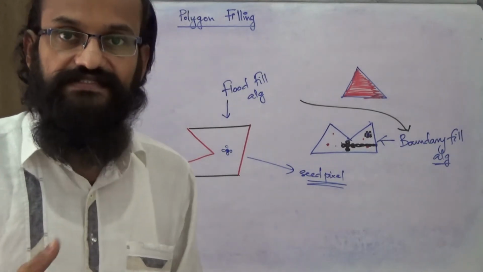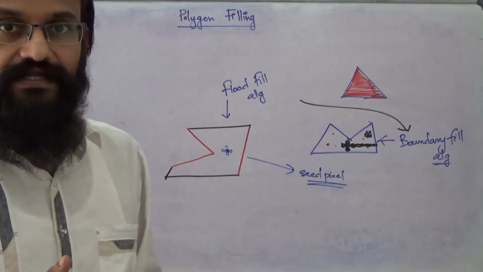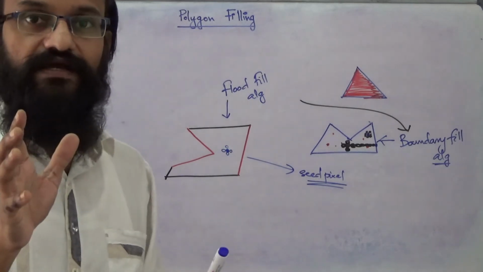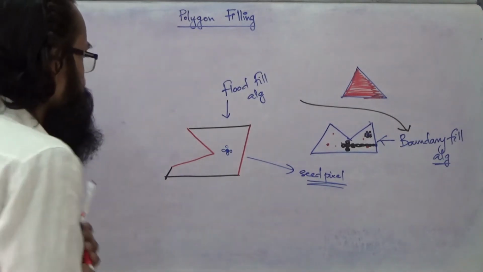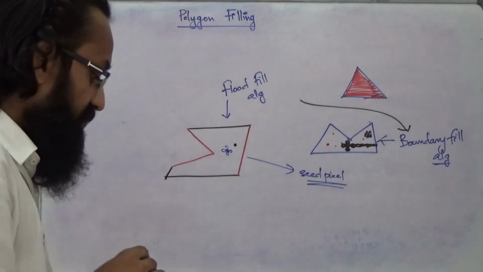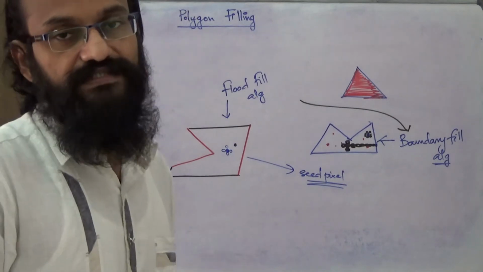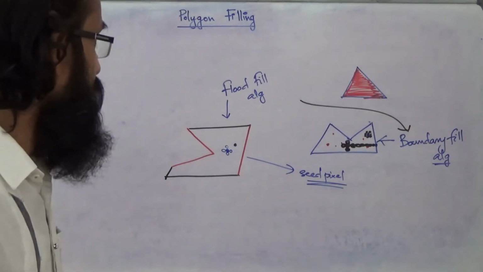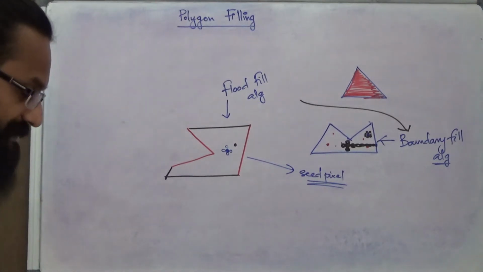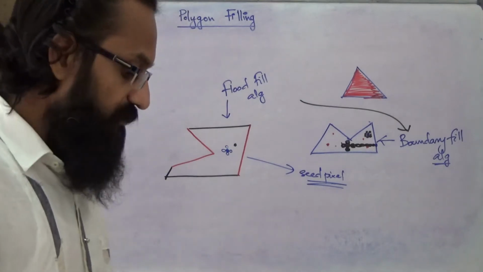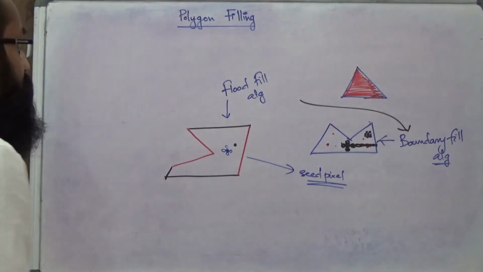And again, flood fill algorithm has a limitation that all interior pixels must be of unique color. If you are having an interior pixel which is of some other color, then it will fail to fill that particular pixel. So that is the limitation of flood fill algorithm. Now both these algorithms can proceed based on 4 connected method or 8 connected method.